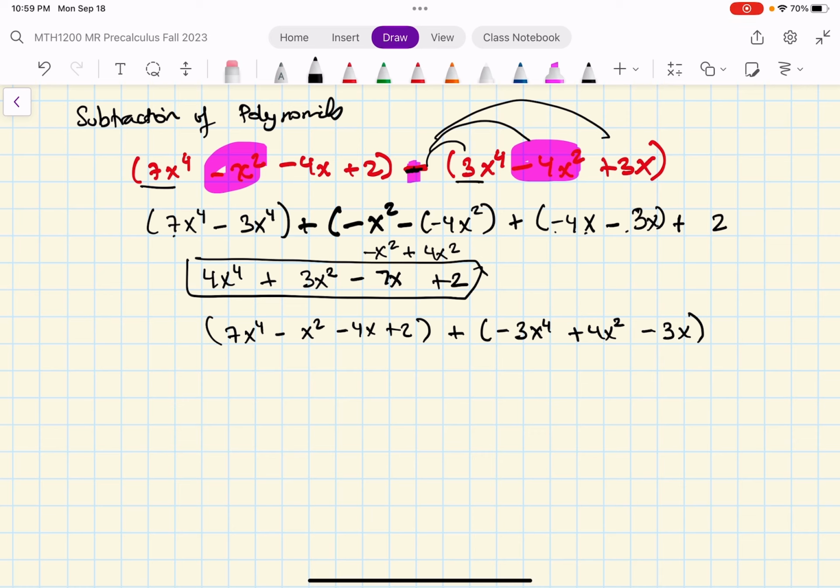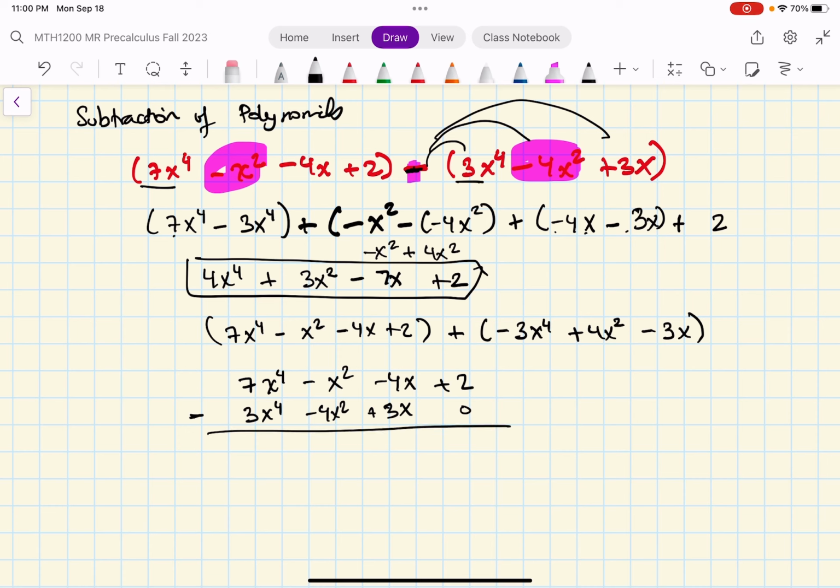If you wanted to do this as a vertical subtraction, 7x to the 4th minus x squared minus 4x plus 2, minus, line them up, 3x to the 4th minus 4x squared plus 3x. Okay, and this is 0.